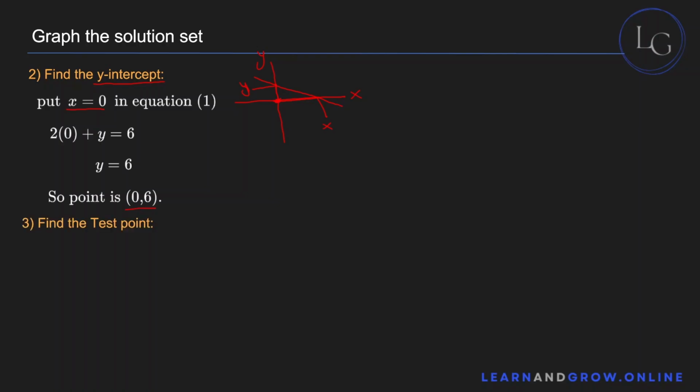Now the third step is to find the test point. Again, you have to find the test point of each and every one of the inequalities given to you. So how to find the test point? Well, you plug in x is equal to 0 and y is equal to 0 in the inequality given to you. You plug in 0 in place of x and 0 in place of y, and you get 6 is greater than 0.